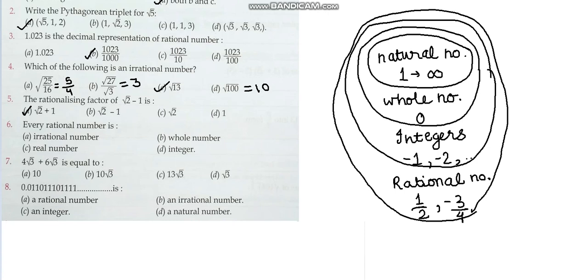And there is a different set of numbers called irrational numbers. They include values like square roots of all prime numbers, for example root 2, root 3, root 13, and pi also comes in irrational numbers.